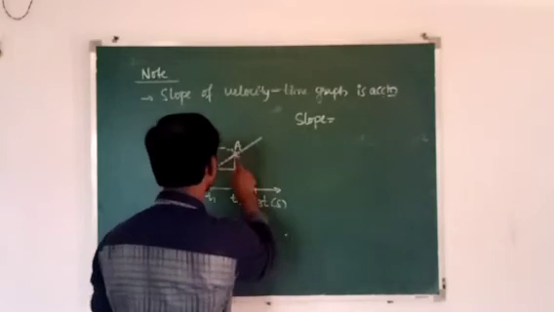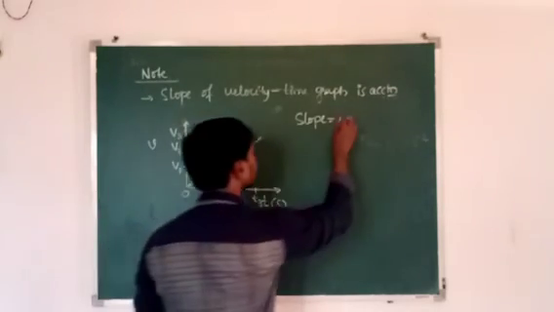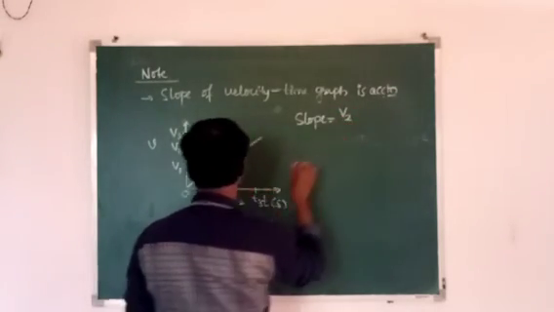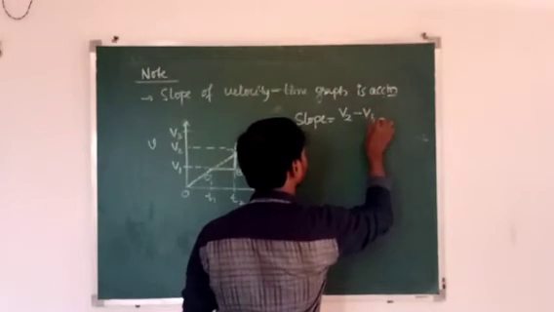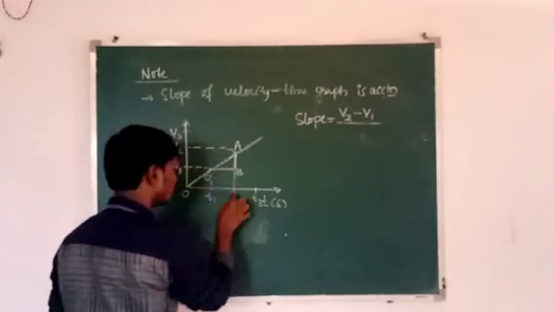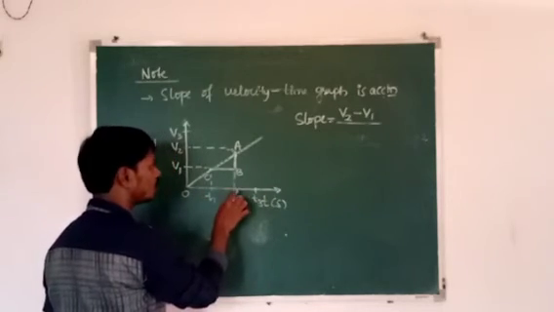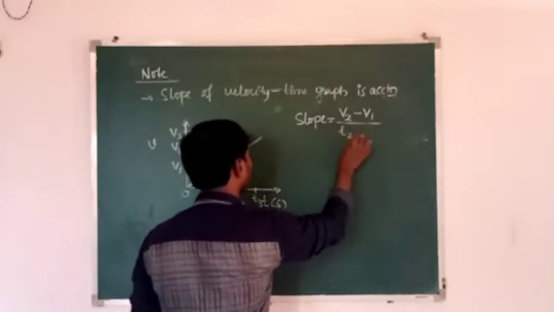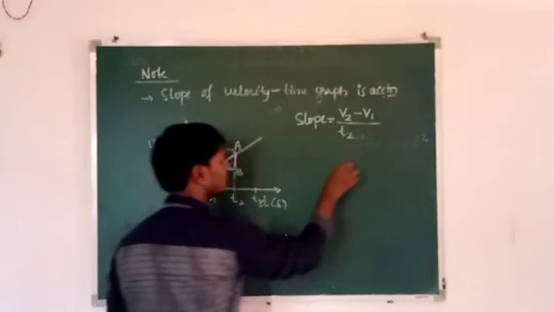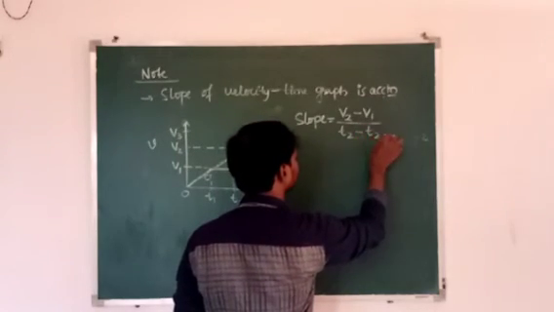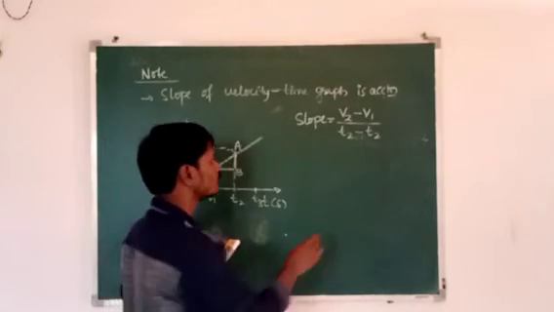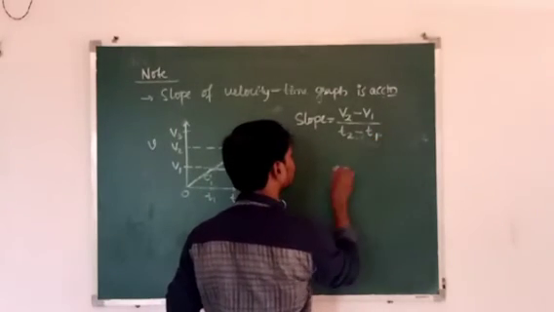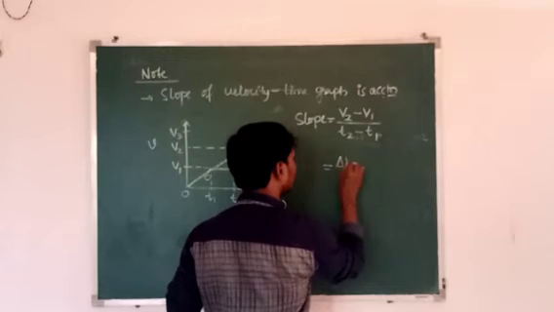What about A? A is nothing but v2. And what about B? B is nothing but v1, divided by, what about B here along the time axis? That is t2. And what about C here? That is t2 minus t1. Change in velocity divided by time taken, delta v by delta t.